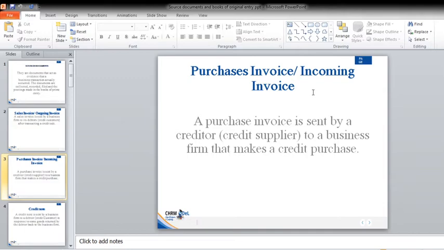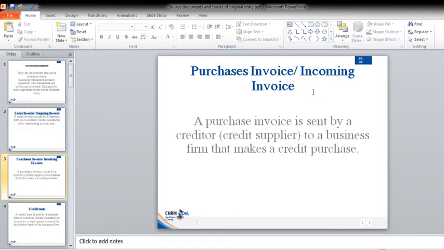It is incoming because we are receiving it. And therefore, a purchases invoice is sent by the creditor, who is the supplier or the seller, to the business for the credit goods that were purchased on that particular date.